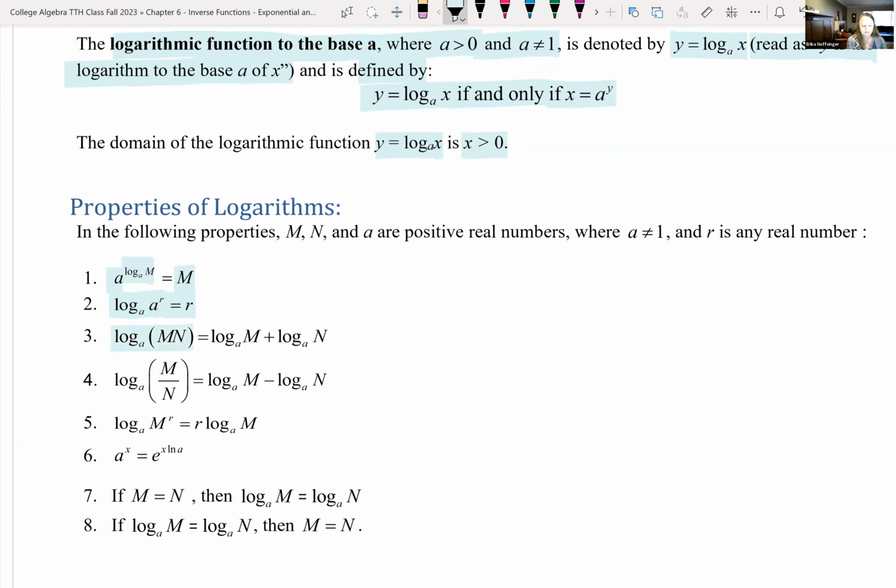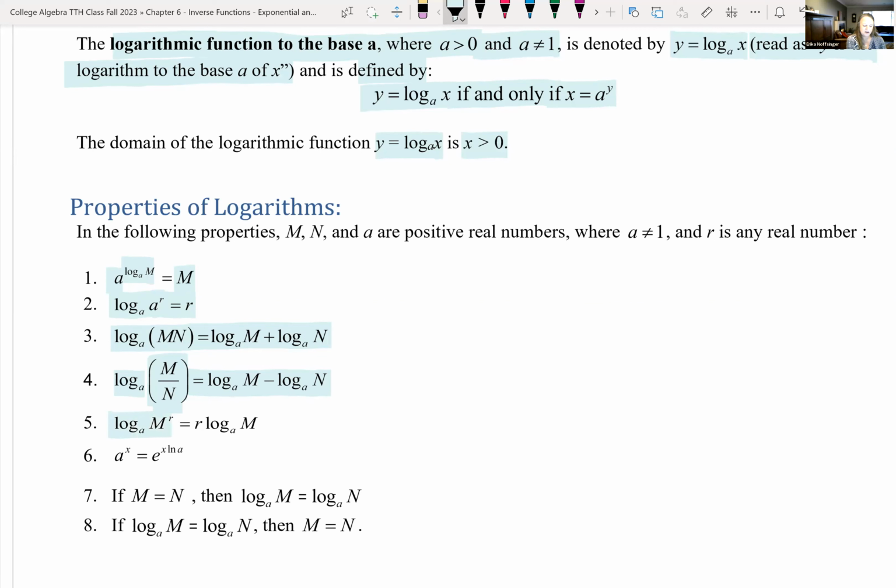Log base a of m times n, multiplication in between the argument of the logarithm, we can rewrite as log base a of m plus log base a of n. If you had log base a of m divided by n, we can rewrite that as a difference of two logs, log base a of m, the numerator, minus log base a of n, the denominator.